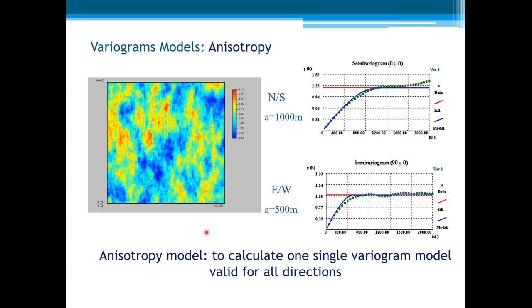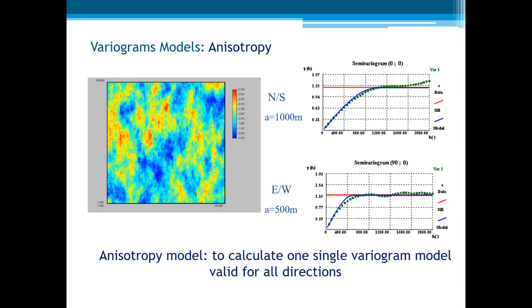So let's look at these anisotropy patterns. Anisotropy model consists of calculating one single variogram model valid for all directions. After identifying the directions of the anisotropy, the next step consists of combining the various directional models into one single model consistent in all directions.